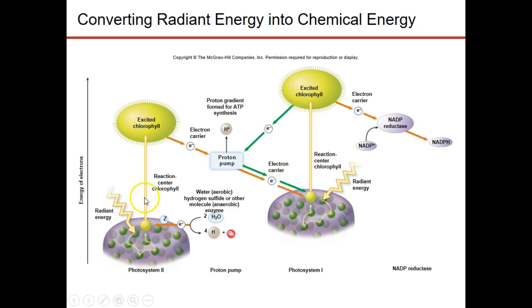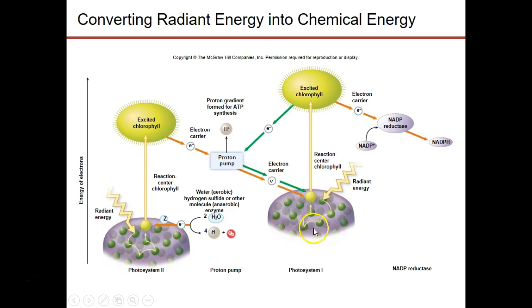The electrons are going to jump into an electron carrier or transport chain. This helps to pump hydrogens across the membrane so that we have a high energy gradient again. The electrons move down energy gradients and eventually will enter photosystem 1. The hydrogens will flow through the protein ATP synthase, producing ATP.